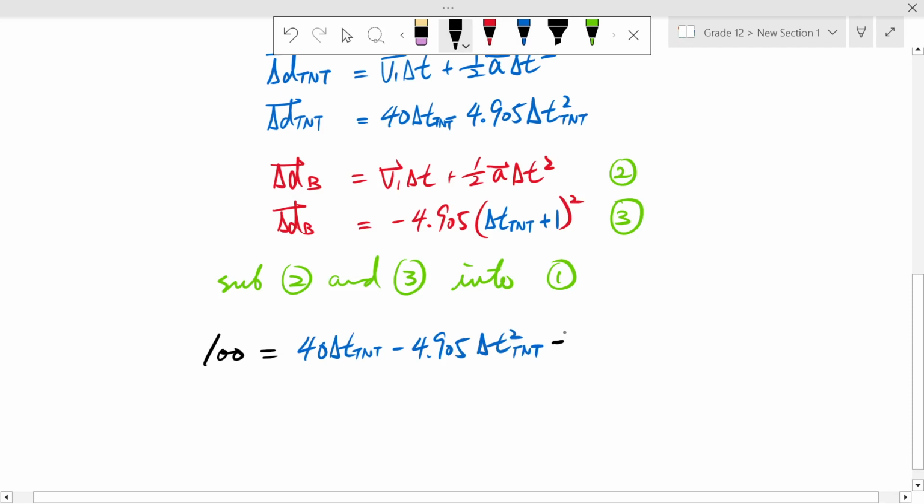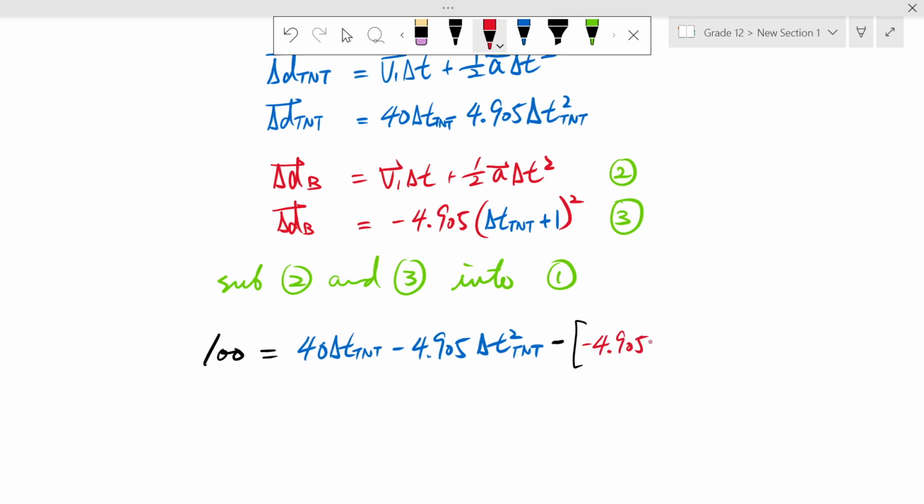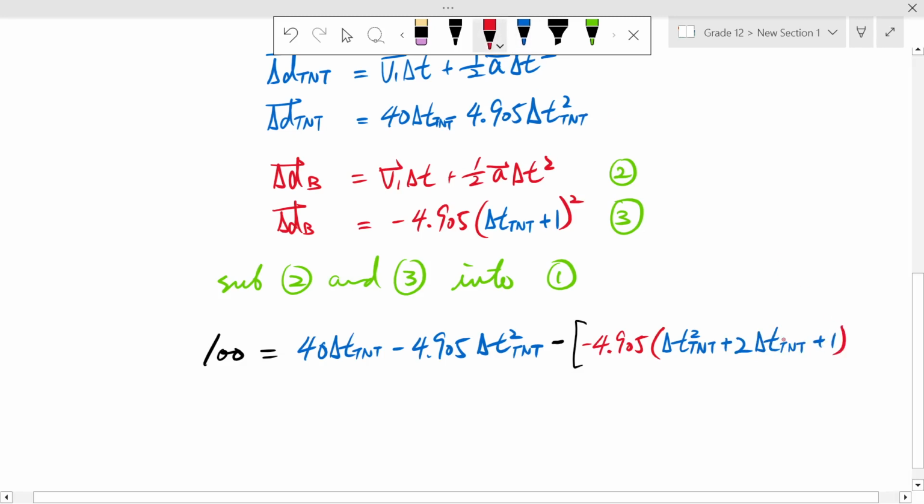And I would, the whole thing minus, in brackets, Batman, negative 4.905 multiplied by, I would expand this a little, so it's delta t squared of TNT plus 2 times delta t of TNT plus 1.